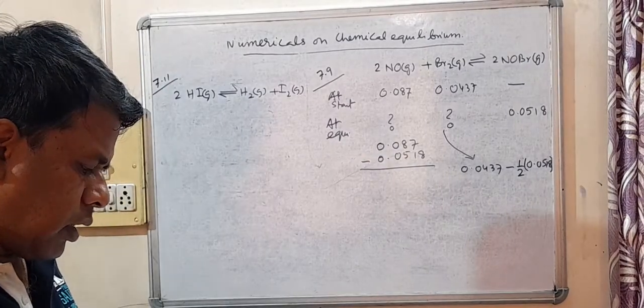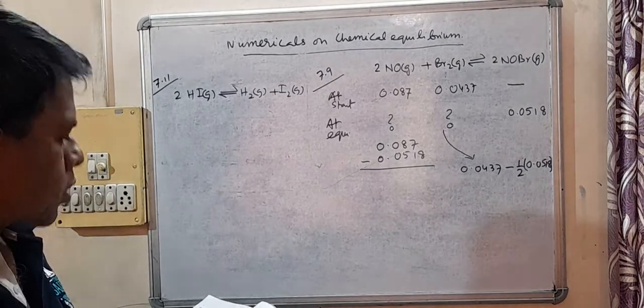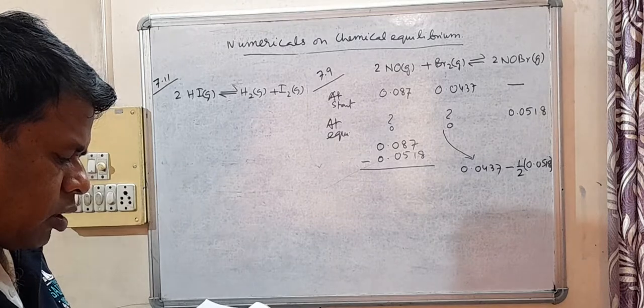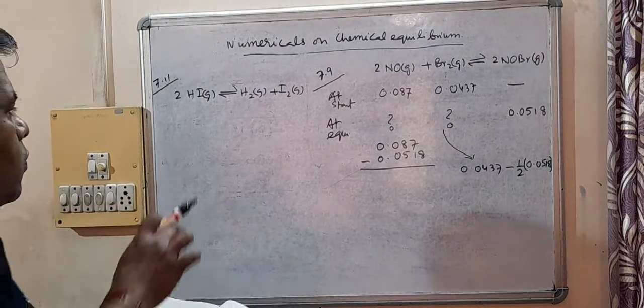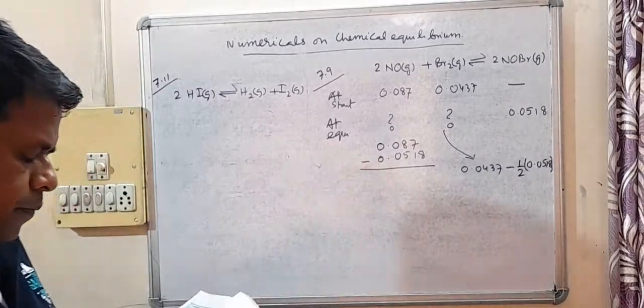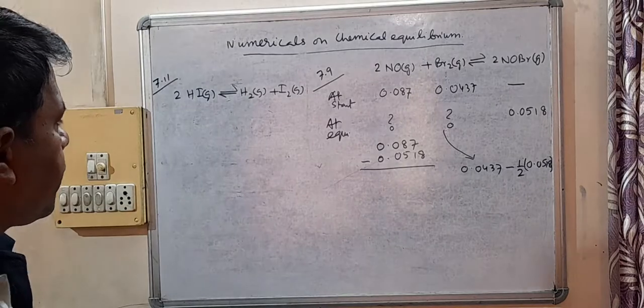What they are saying is that the pressure of the flask, which has this one, initially is 0.2 atmosphere.